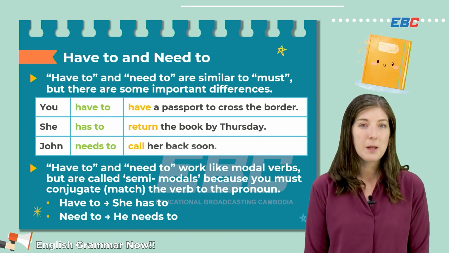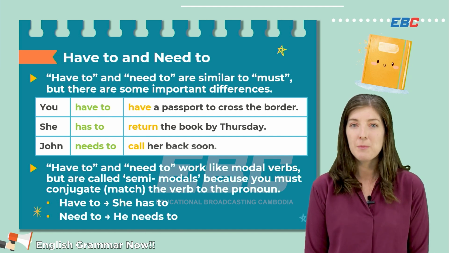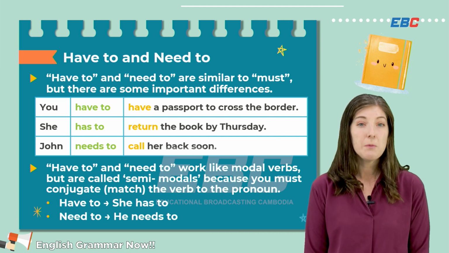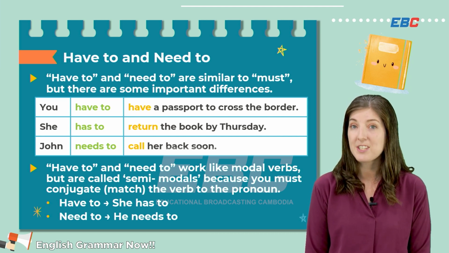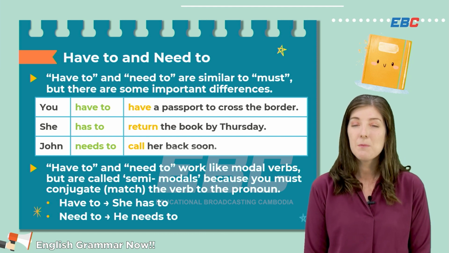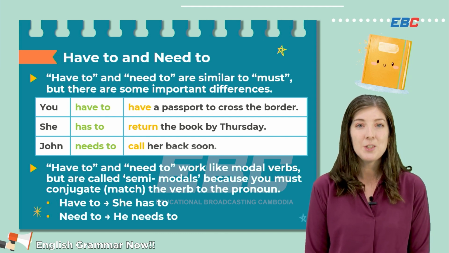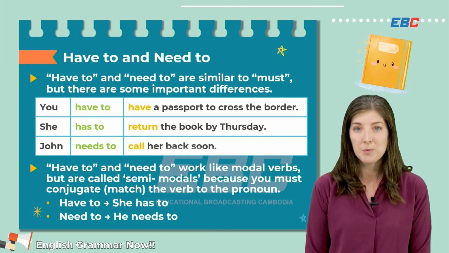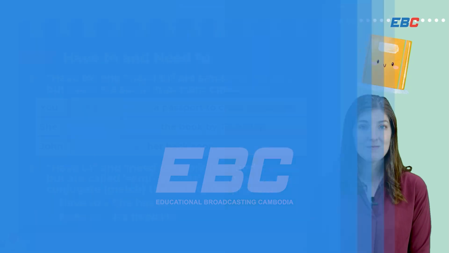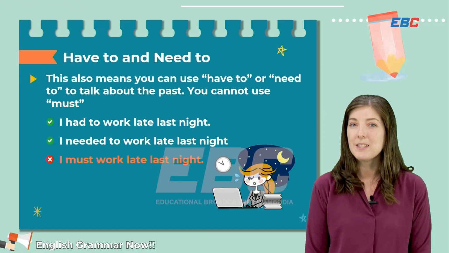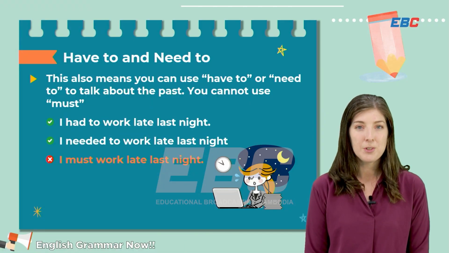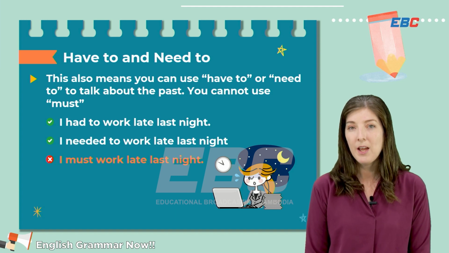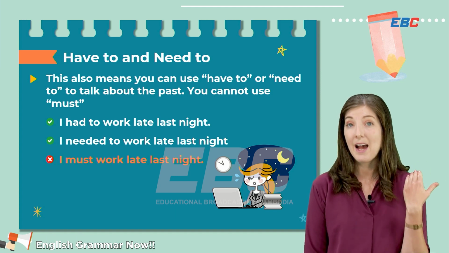If we were using must, we wouldn't have to make this change. She must return the book by Thursday. There's no added S. The same thing happens with need to. We would say he needs to with an S at the end. This also means that we can use have to or need to if we want to talk about the past.